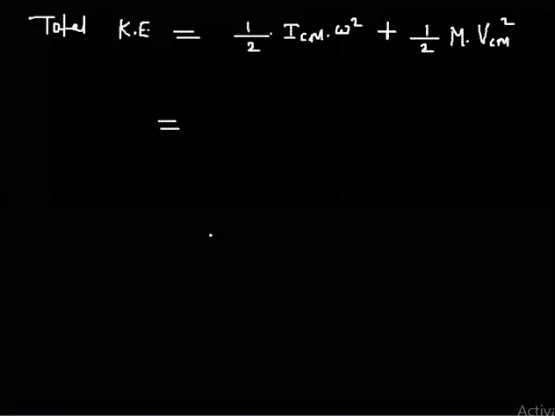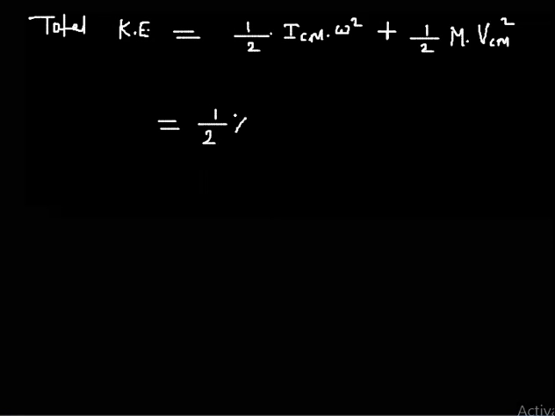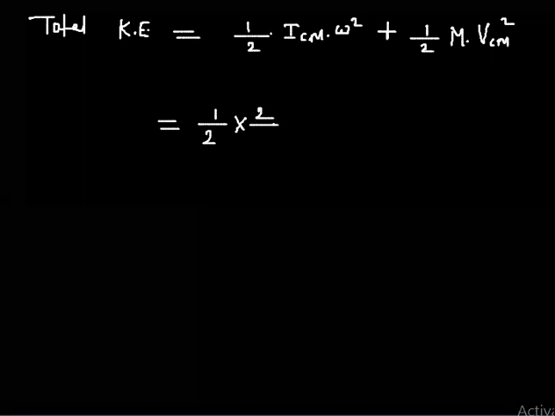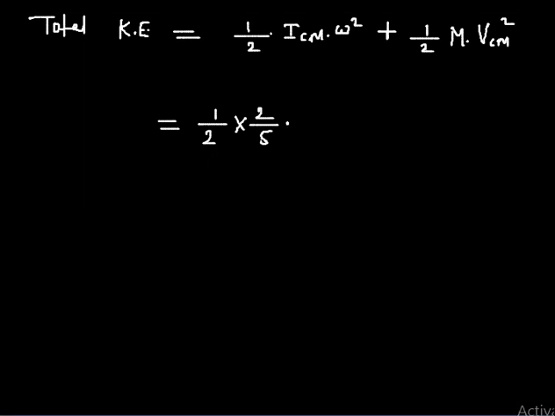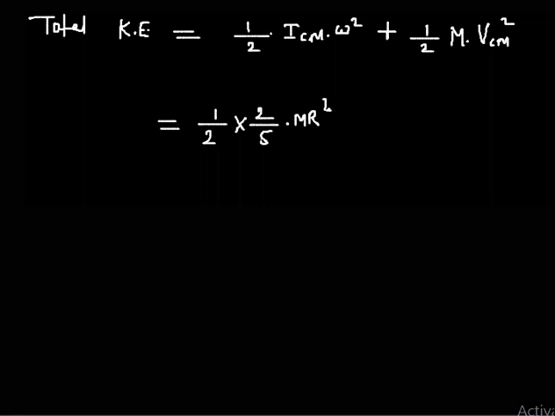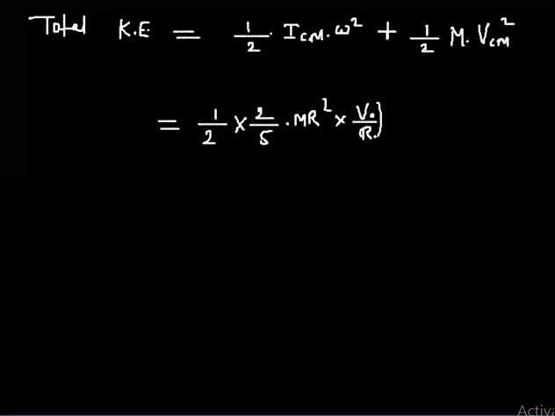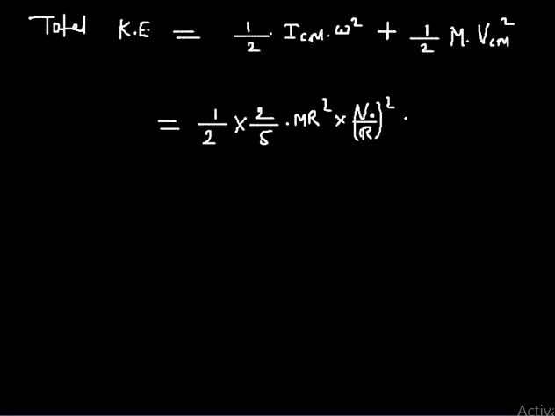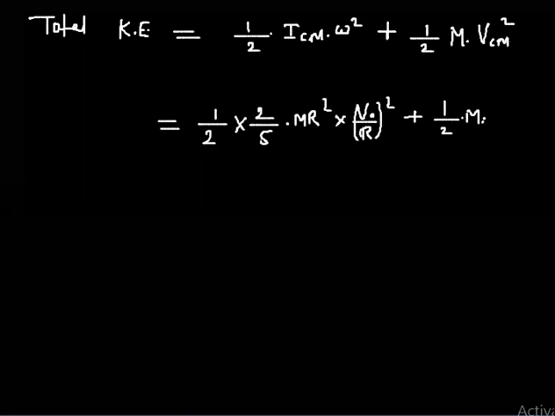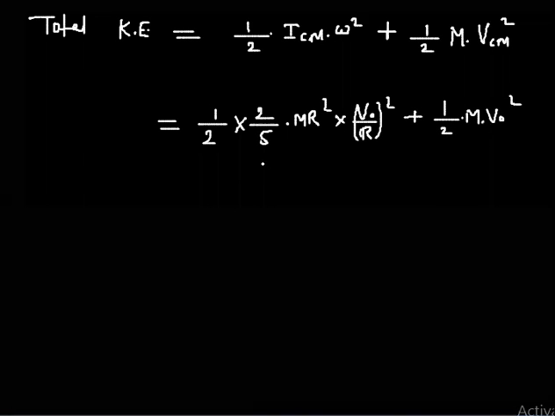Now see, if we write the moment of inertia of a solid sphere about its center of mass, it is 2 by 5 m r square, and omega has the value v naught by r, so v naught by r square, plus half mass of the sphere times v naught square.